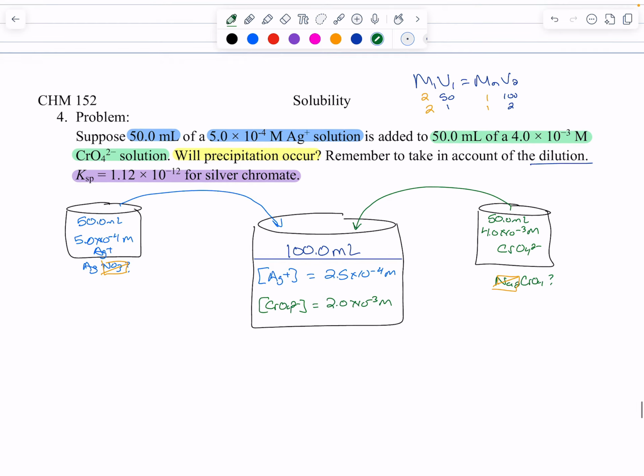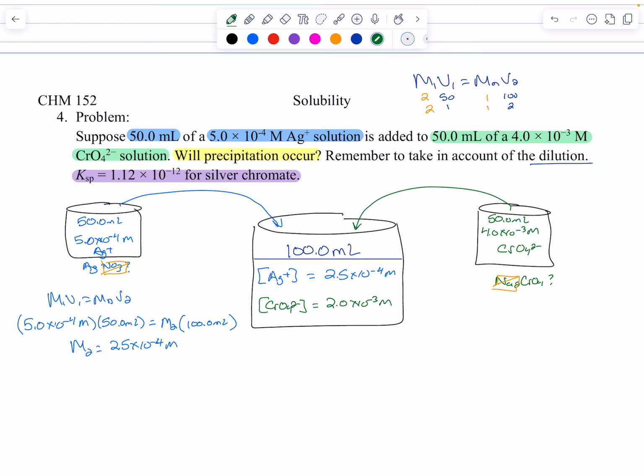All right. And we'll do the silver one for us. M1V1 equals M2V2. So we have 5.0 times 10 to negative 4 molar, 50 milliliters, M2 times 100 milliliters, right? And so if you do that math, M2 is 2.5 times 10 to negative 4 molar.